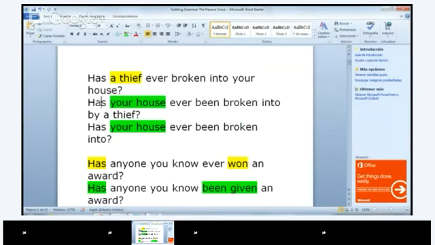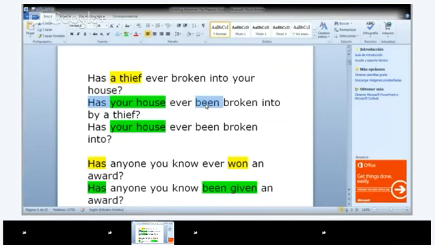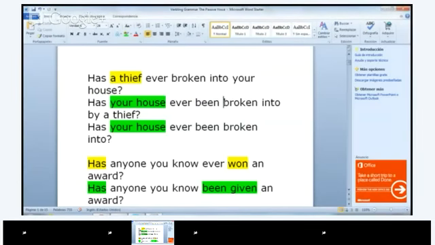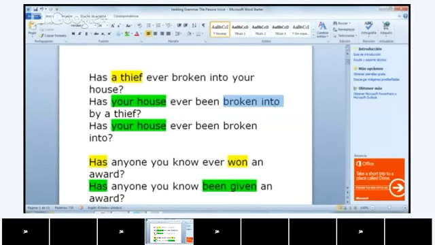We have has been, the verb tense with the verb to be. And then we have broken into, which is the main verb as the past participle. All right? Let me go on to the third example.